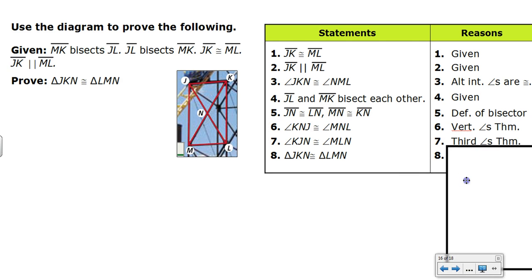Or we can use the third angles theorem because we've already shown the other two pairs of angles in these triangles are congruent. So finally, we can say that triangle JKN is congruent to triangle LMN because we've proven that all corresponding sides are congruent and angles as well. So definition of congruent triangles.